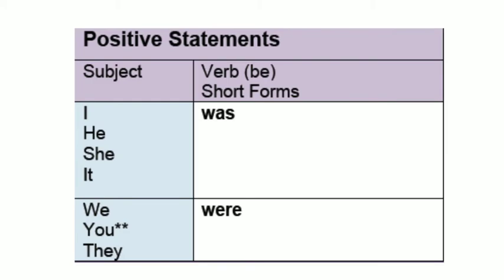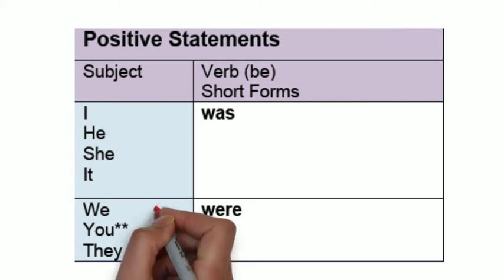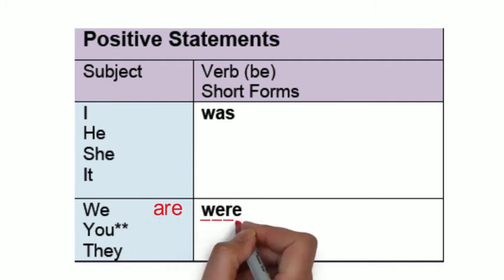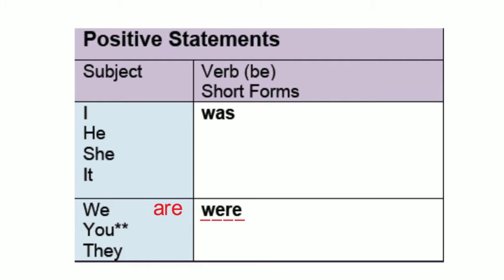All this is shown in the chart. For other pronouns like you, we, and they, we change the verb from are to were. Here are some examples.